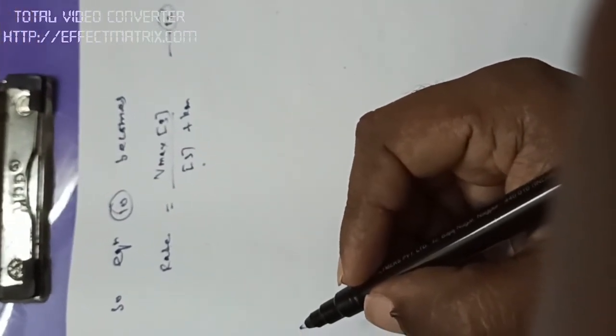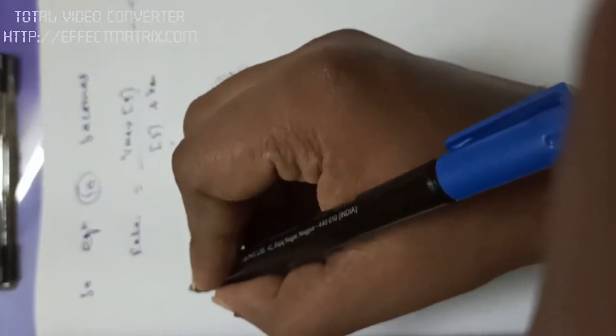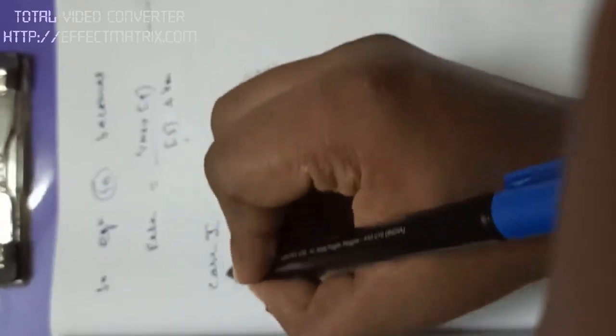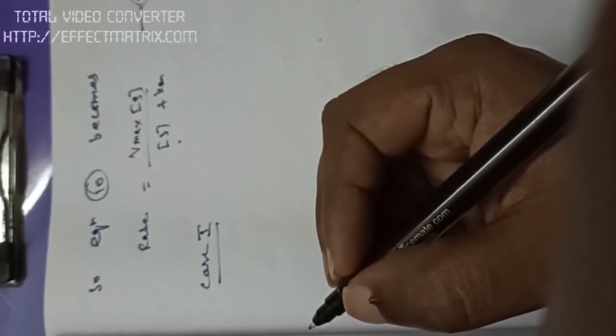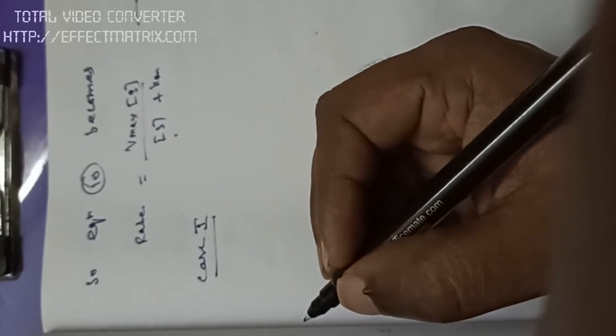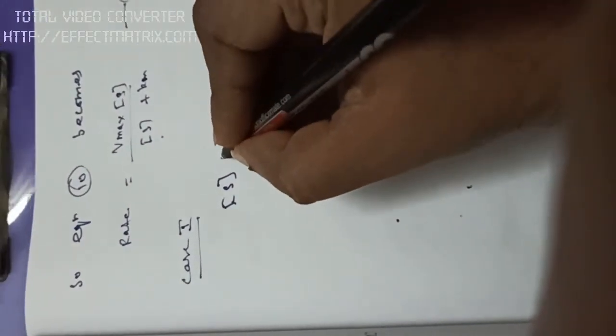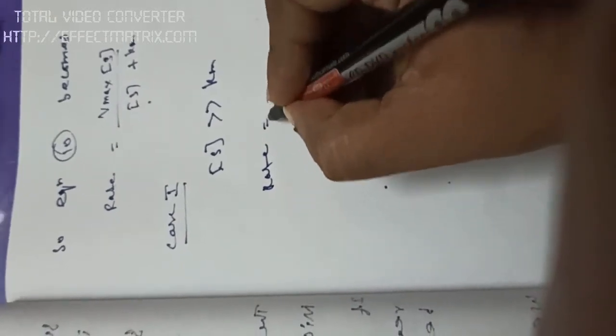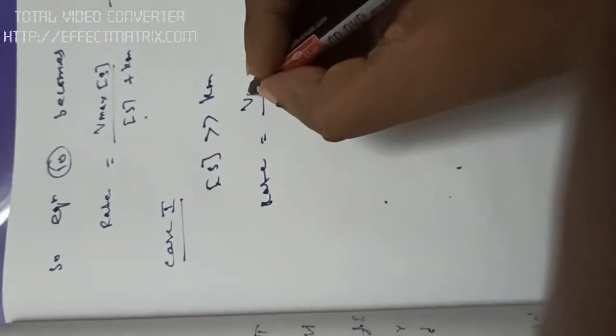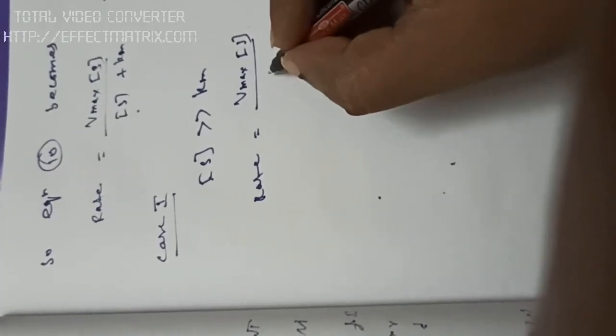Now we move on to case 1. If the concentration of substrate is much greater than the Michaelis-Menten constant, we can neglect the Michaelis-Menten constant. Now the rate equation becomes rate equal to Vmax.